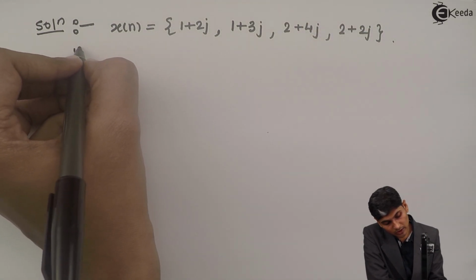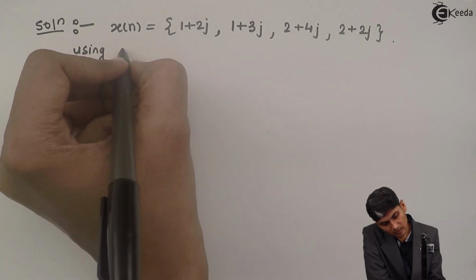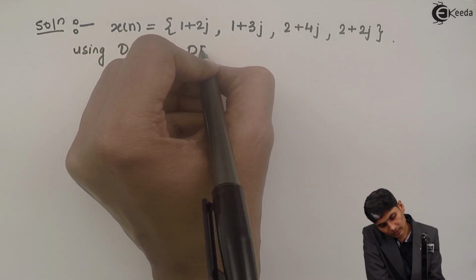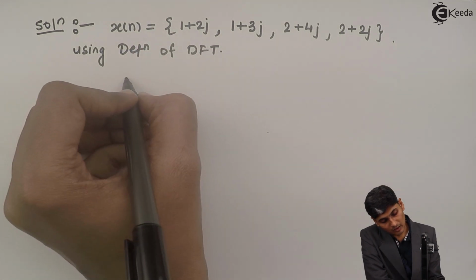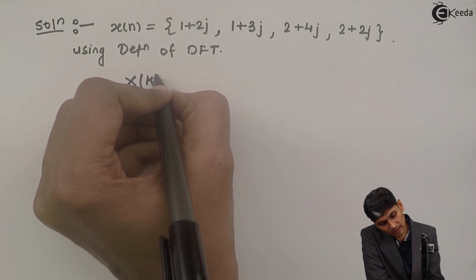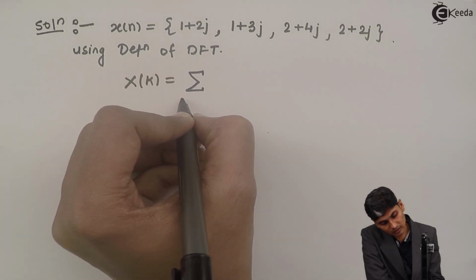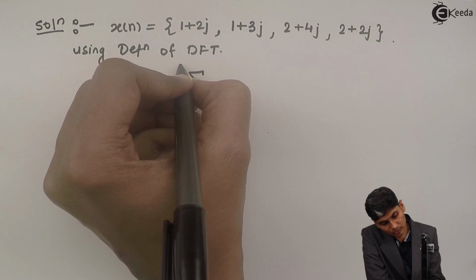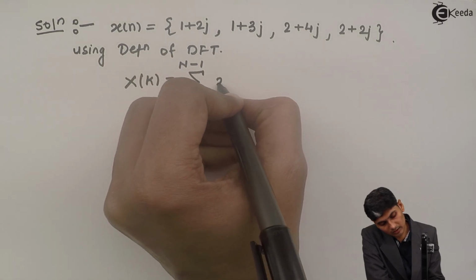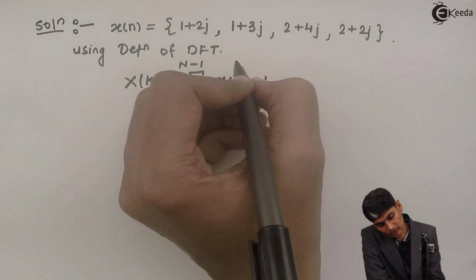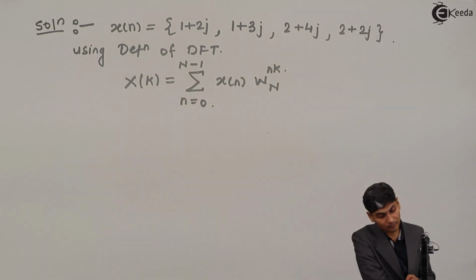Now using the definition of DFT, I will get x of k equals summation n going from 0 to N minus 1 x of n W_N raised to nk.